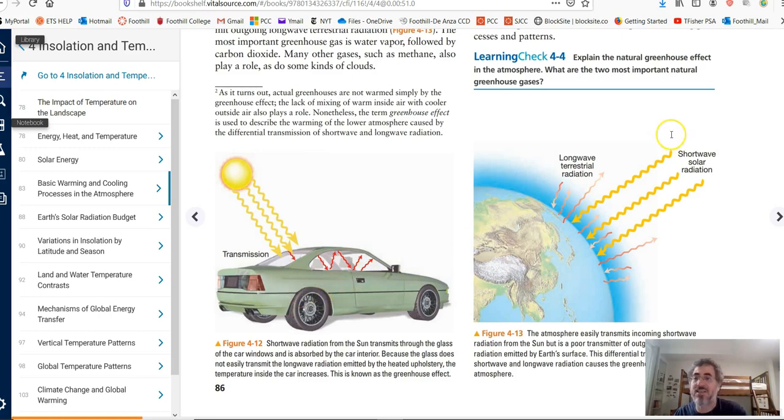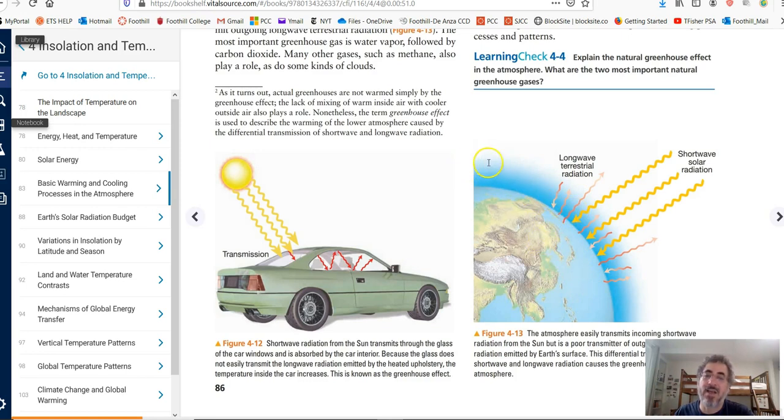Basically, we have light or shortwave solar radiation from the sun reaching the Earth, where it is absorbed by the surface, and surface means both land and water. And once that is absorbed, it becomes heat, and then it's re-radiated, not as light, but as heat.